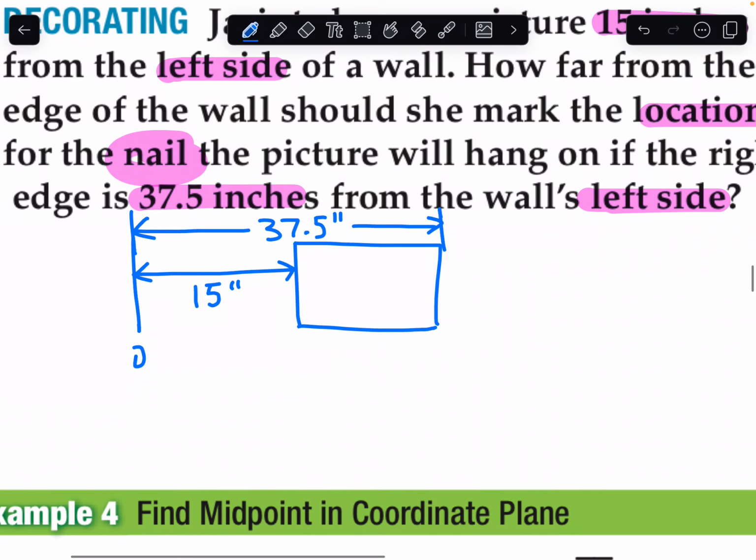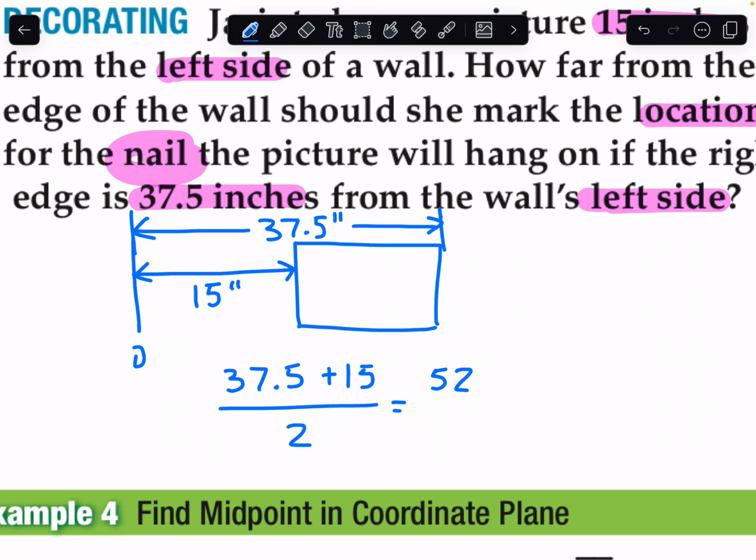Midpoint is nothing more than the average, so I'm going to take 37.5 plus 15, all divided by 2. That's 52.5 divided by 2.